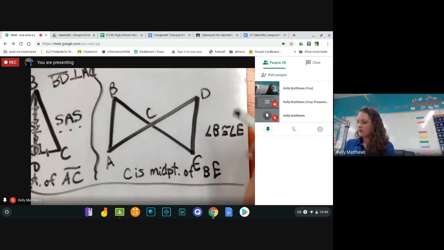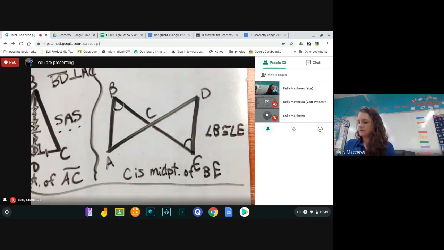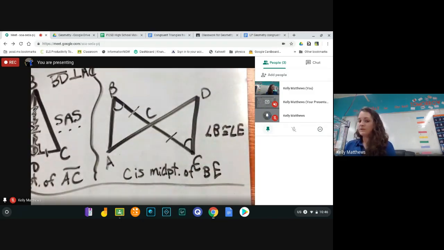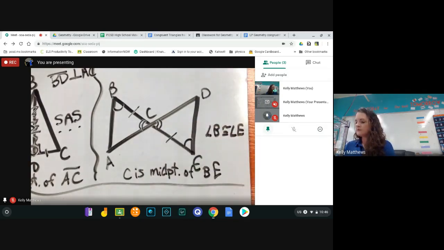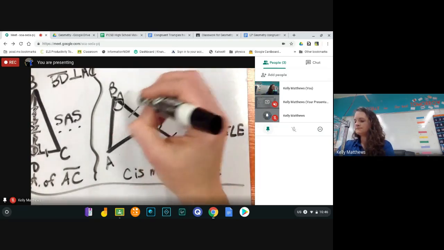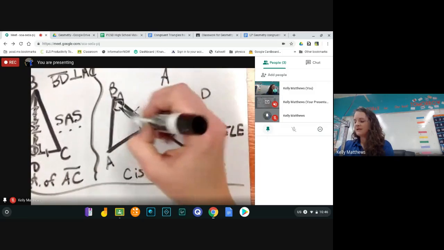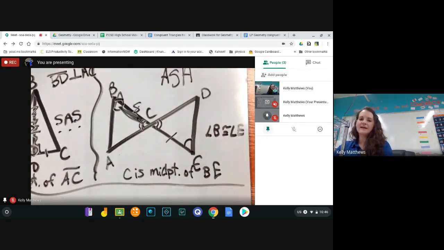It's always good just to mark the information we know. So if that is true because they told us so, and if they told us this midpoint thing, well, if we didn't know anything else, then that wouldn't be enough. But we see vertical angles, and so we know that they are congruent angles. And so here is an angle. I have another angle, and I have a side that is in between them. And so this is the angle side angle test.